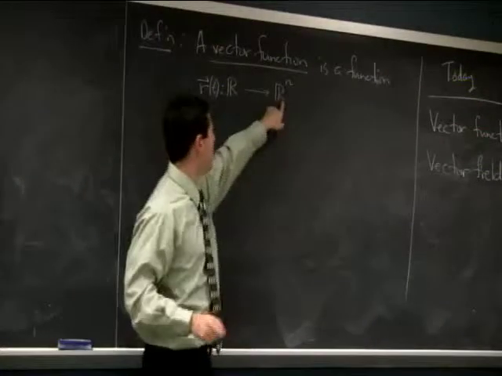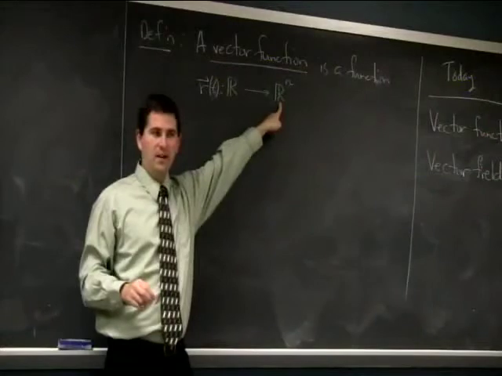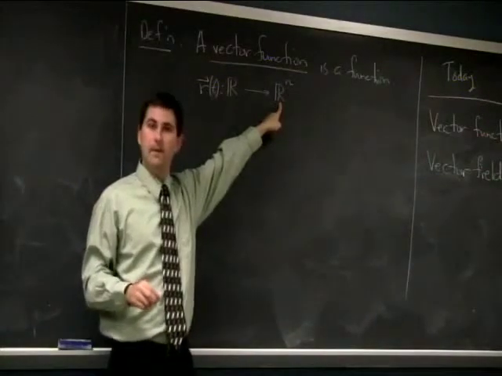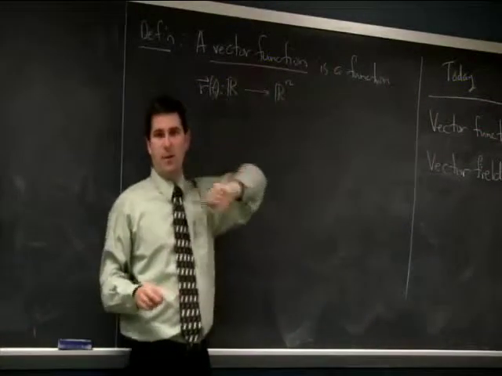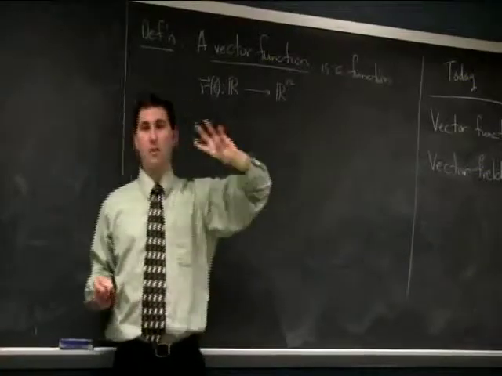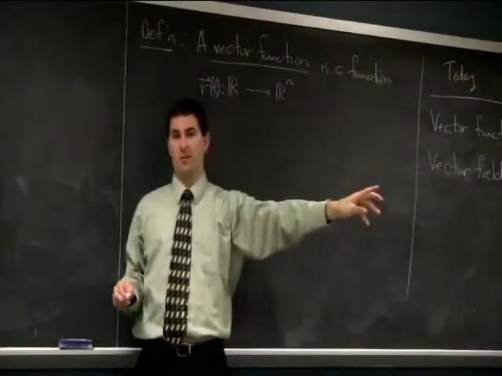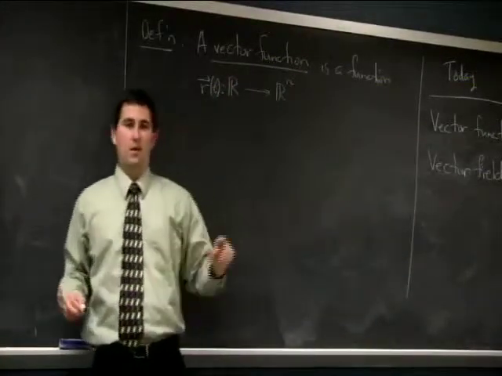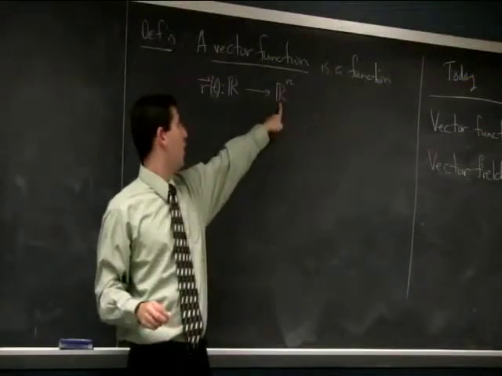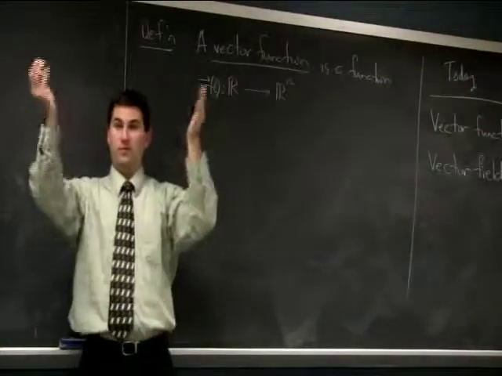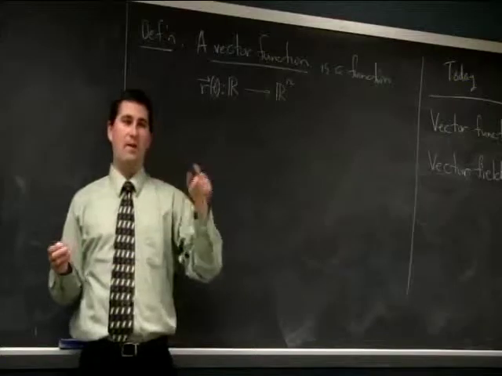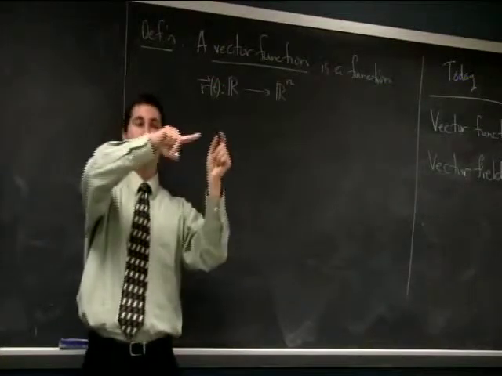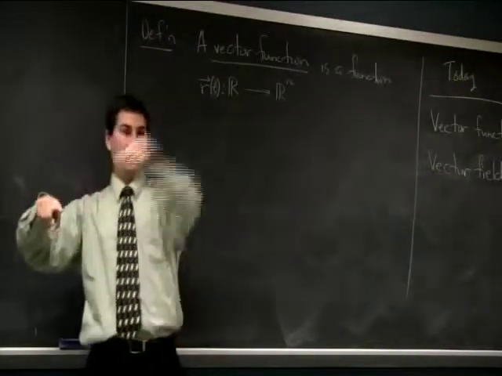Okay. Now, this, as I've written it, isn't really correct. And it's very subtle. Why is this not correct, if my output is supposed to be vectors? Well, R^n, these are n-tuples. Now, if you have an n-tuple, you can associate to it a vector that goes from the origin to that tuple.